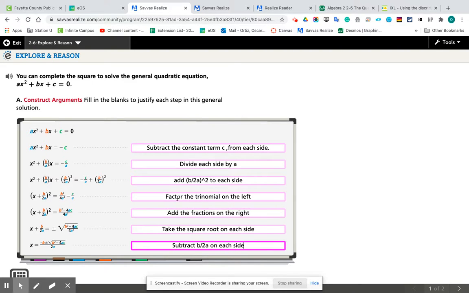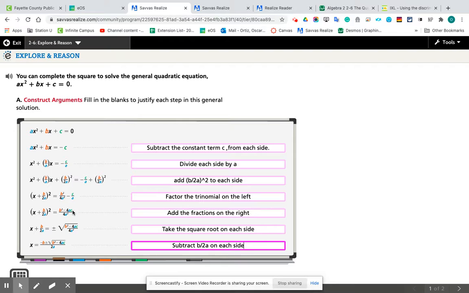Then if we factor the trinomial on the left, and if anybody's curious, I can show you how you do that, this will be the square of a binomial. On the right hand side, the order has just been changed, but the signs have not changed. So b divided by 2a to the second power is still positive, and the other one is still negative.